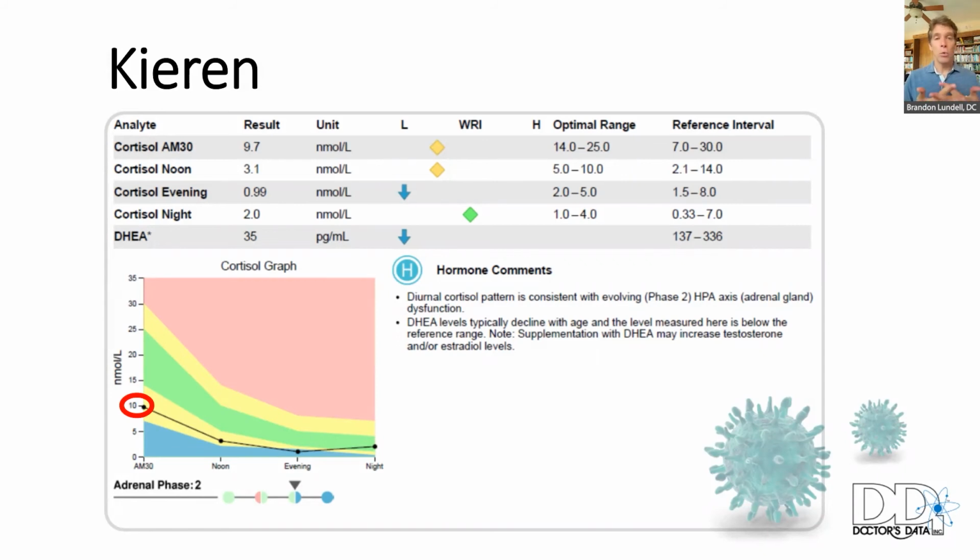I also have done a lot of research. I mean, I researched COVID, SARS, and other viruses for over 10 years before the pandemic. And I knew the DHEA, and I actually did a webinar on it for Doctor's Data as well. It's on my website.